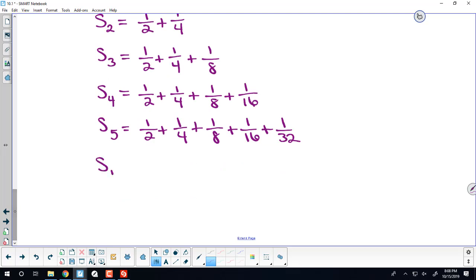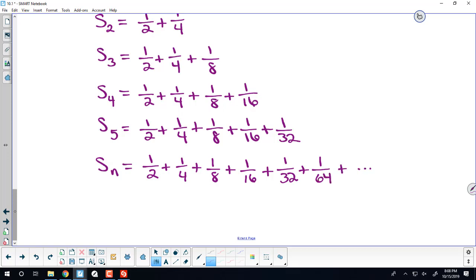What's the nth partial sum then? How many terms do we add up? Yeah, n of them. It's a bit more abstract, but we already have this written out. That's 1/2 plus 1/4 plus 1/8 plus 1/16. We could keep going in this pattern, or we could just say plus dot dot dot 1/2 to the nth power. So we're adding up the first n terms for the nth partial sum.